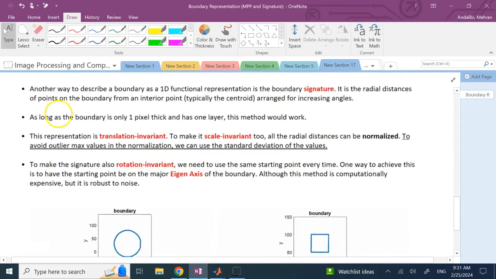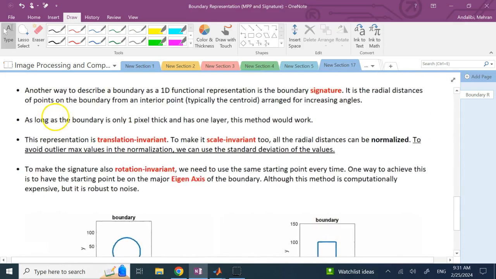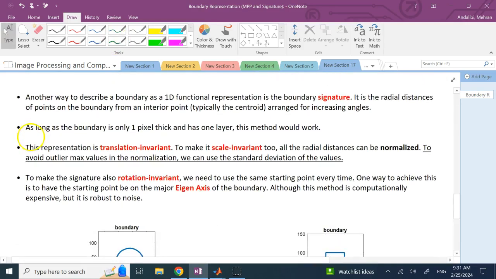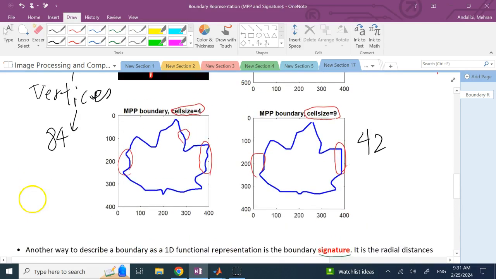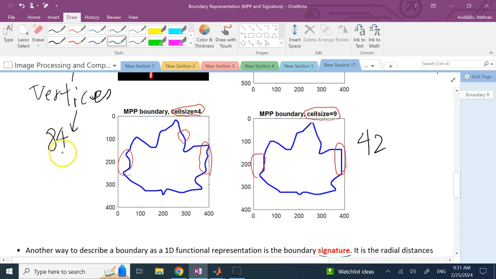The second method, which I really like also, is called the signature of a profile or a boundary. And this is really good because this is even better than previous one in terms of reduction in computation. In the last one, you still needed a lot of X and Y points because this is 84 really times 2 pieces of information, right?